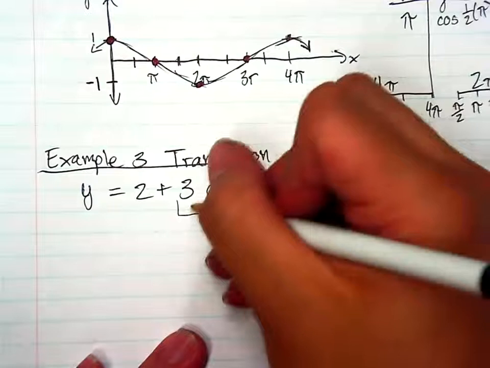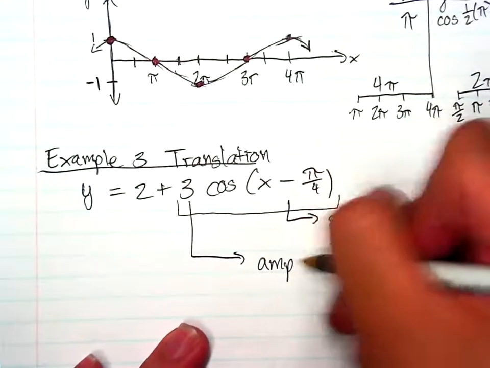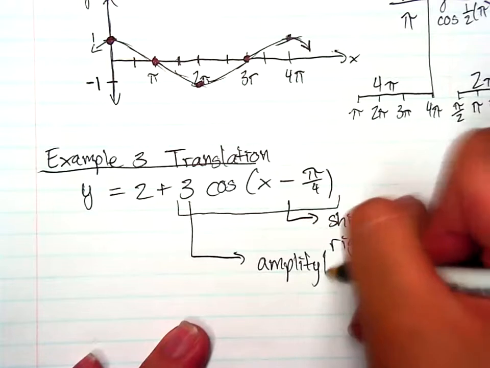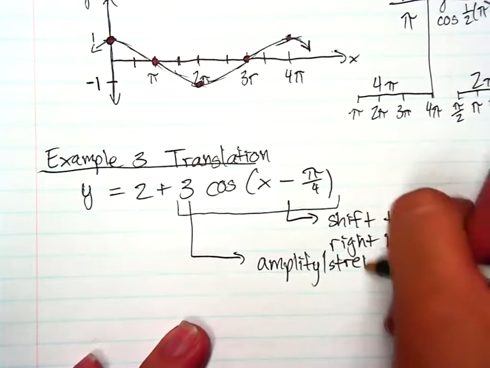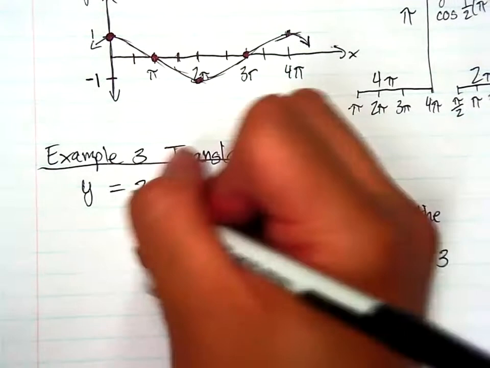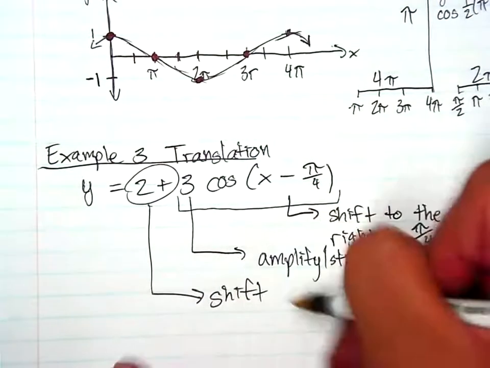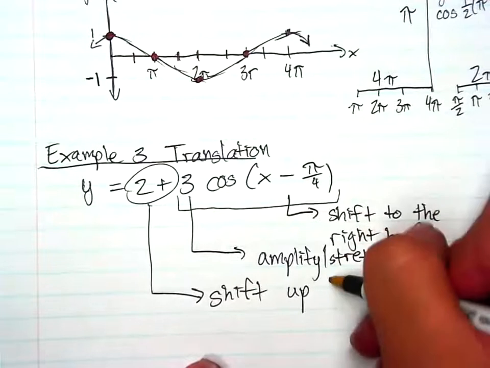This 3 from before is actually an amplify or stretch by 3. And then finally, this one comes last. We shift the entire graph or function up by 2.